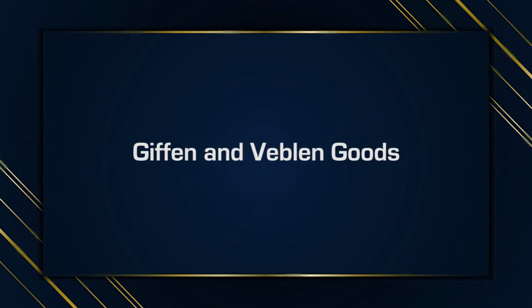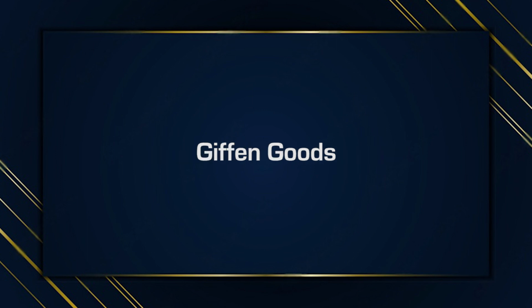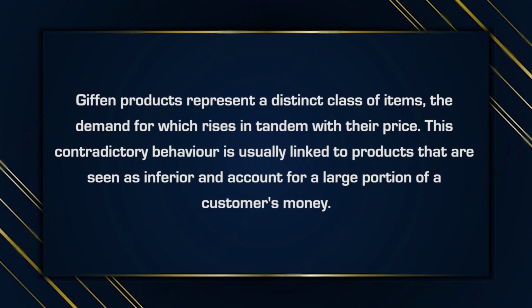Giffen and Veblen goods. Giffen goods. Giffen products represent a distinct class of items, the demand for which rises in tandem with their price. This contradictory behavior is usually linked to products that are seen as inferior and account for a large portion of a consumer's money.